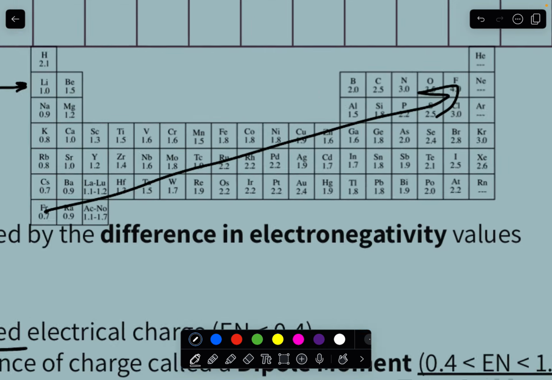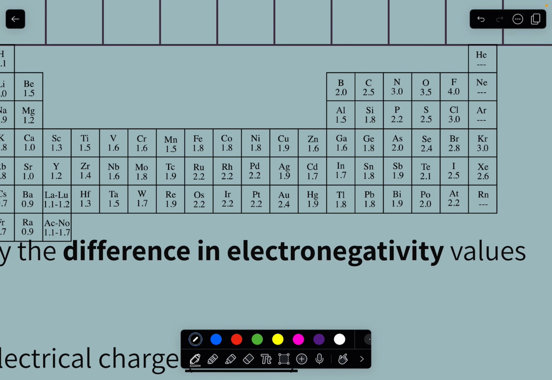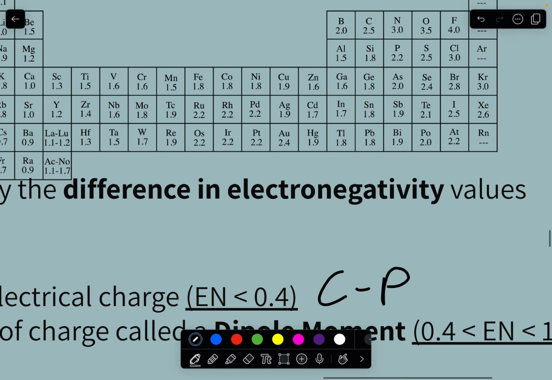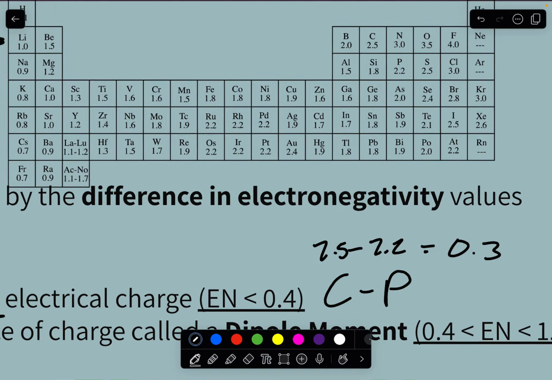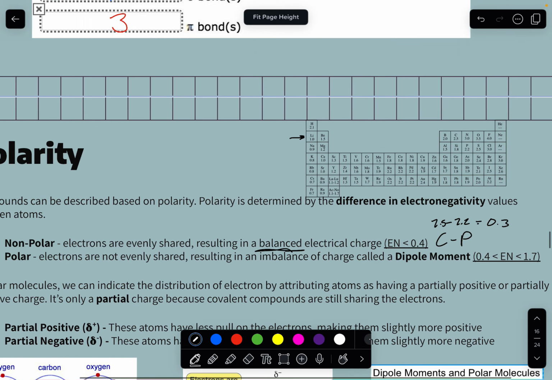So if we look at this here, right, let me erase this arrow. If we have, say, a carbon-phosphorus bond, carbon is 2.5, phosphorus is 2.2. The difference in that, 2.5 minus 2.2, is 0.3. That's less than 0.4. So that would be a non-polar bond.